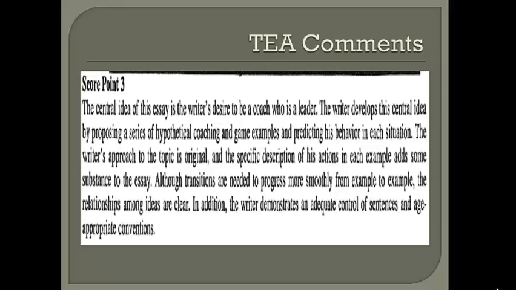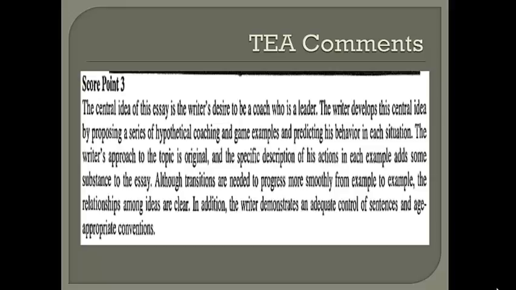The central idea of this essay is the writer's desire to be a coach who is a leader. Definitely. The writer develops his central idea by proposing a series of hypothetical coaching and game situations, and predicting his behavior in each situation. The writer's approach to the topic is original, and the specific description of his actions in each example adds some substance to the essay.